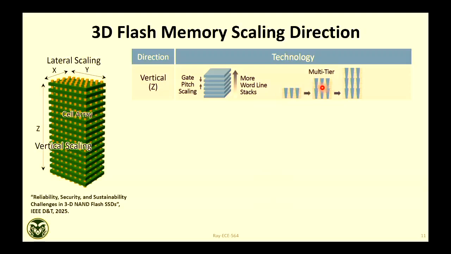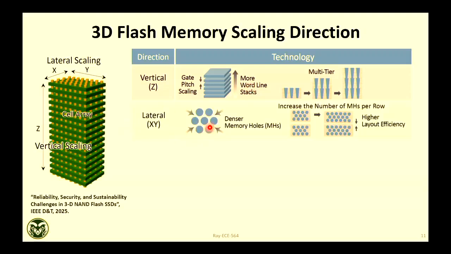But when you grow the next layer, you don't want to distort what is already done. Underneath you have tier 1, which should not be distorted by the growth of the next layer. Those kinds of challenges are there, but this is one direction industry is taking to make it 300 layers right now.